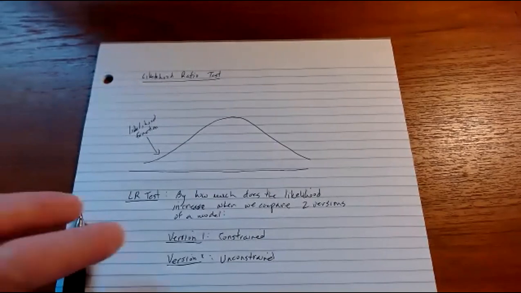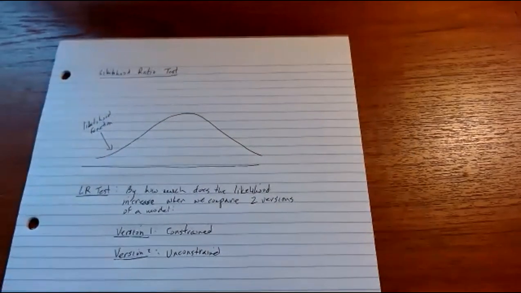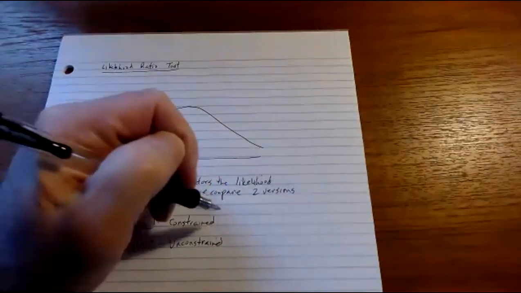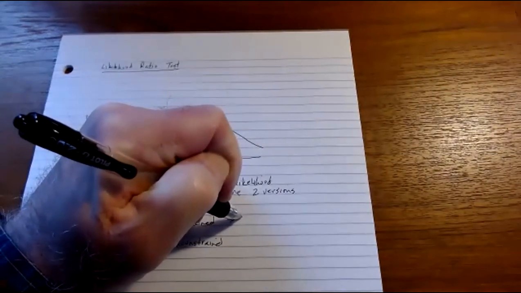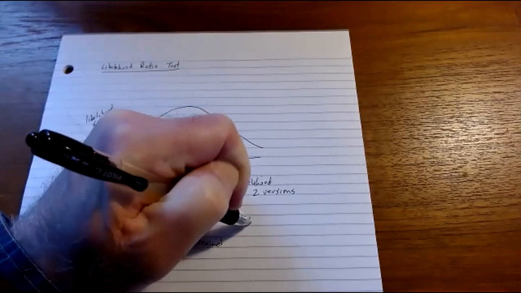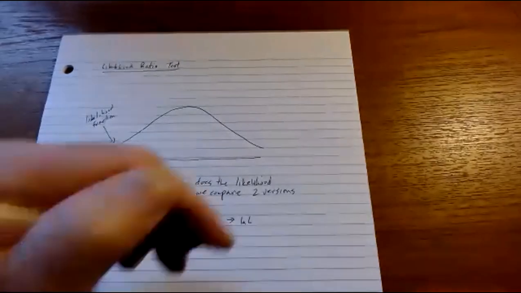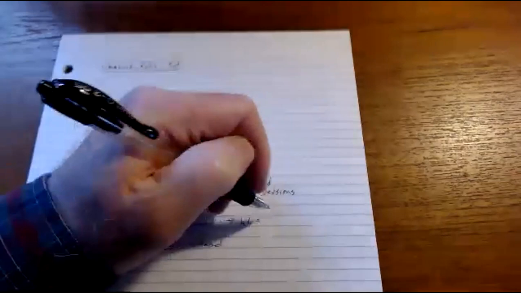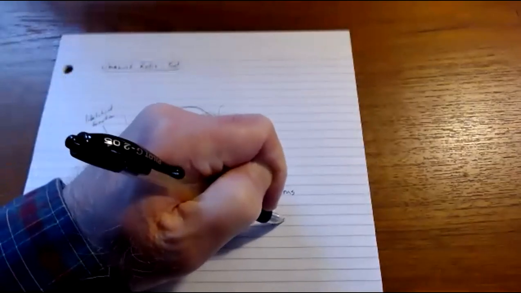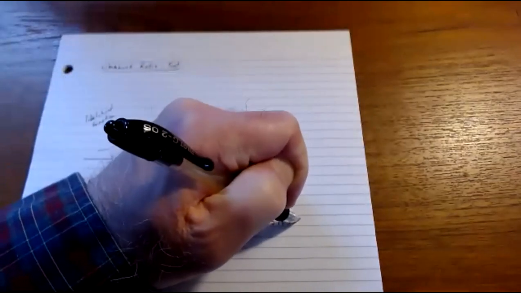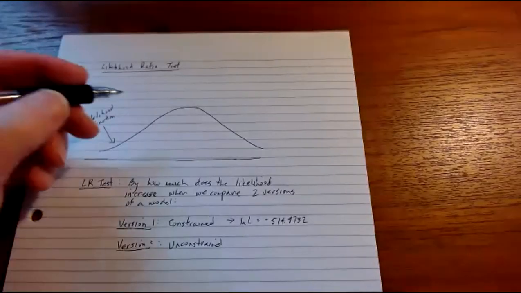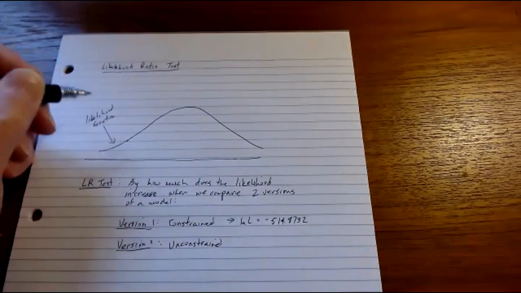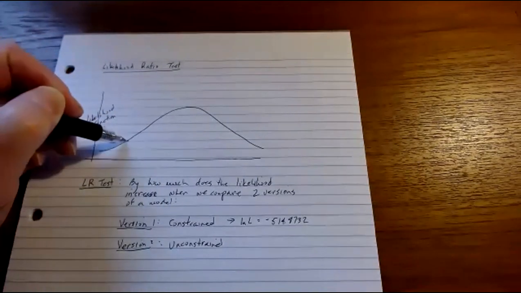So in what I just did, we had two versions of the model. In the constrained version, the value of the log of the likelihood function, according to the output, was -514.8732. And so that's maybe this height.